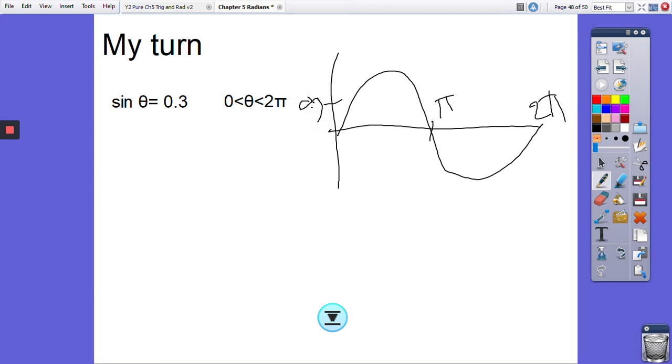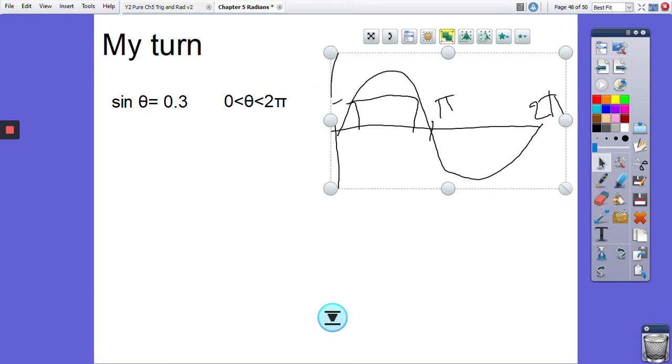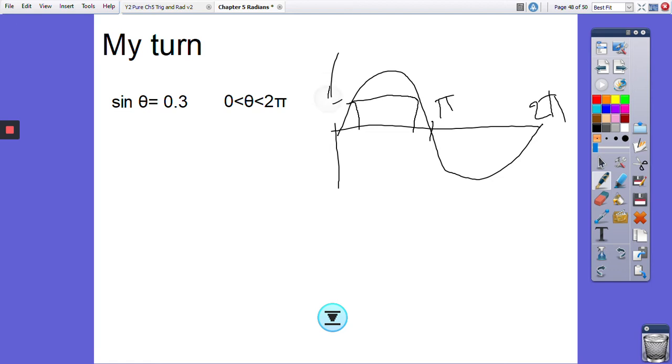Believe me, that does say 0.3. And I don't think that made it any better. Let's look at this value here. In fact, I'm so offended by that 0.3, I'm going to write it in again. How about that? Slightly better.